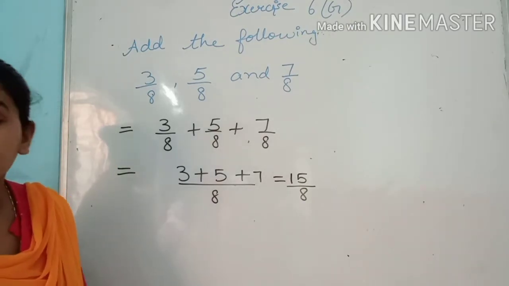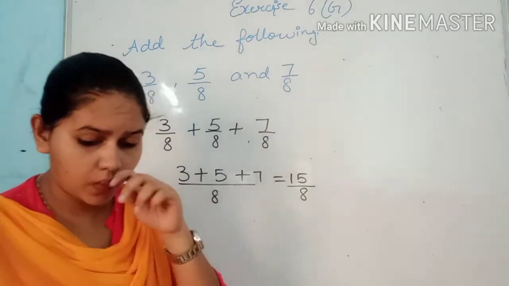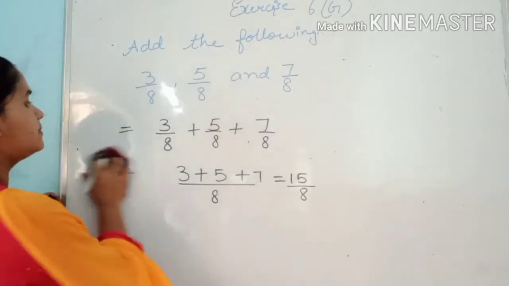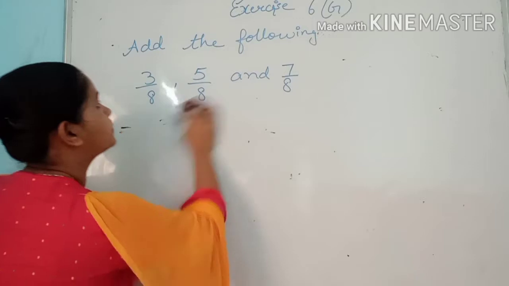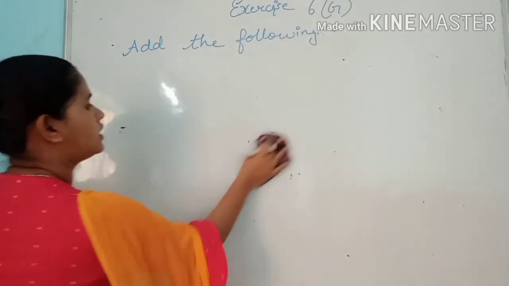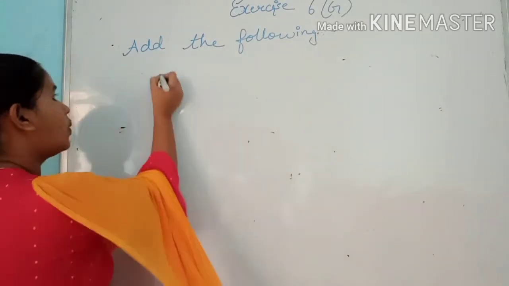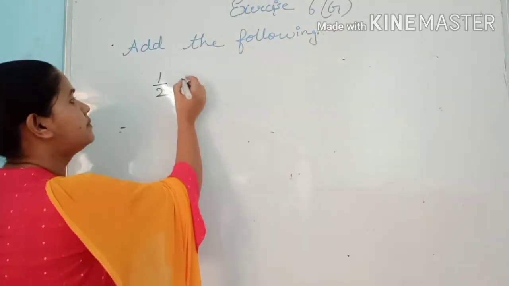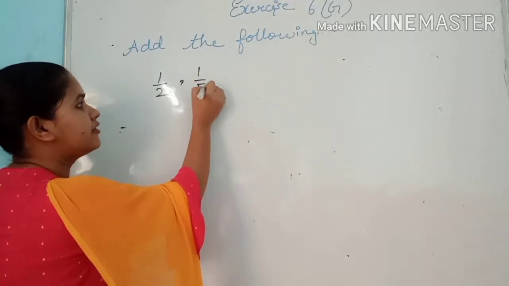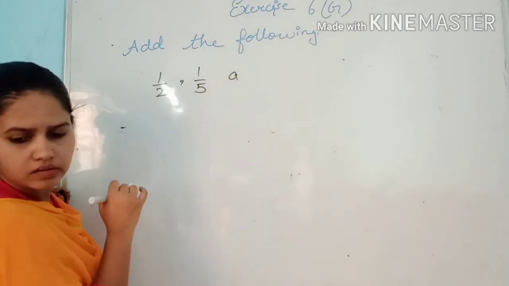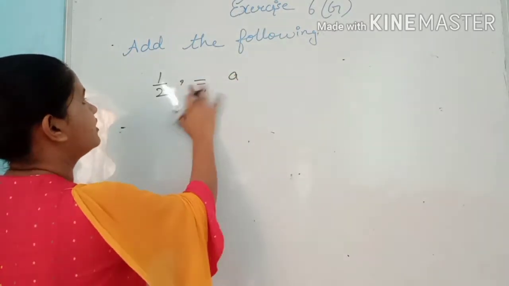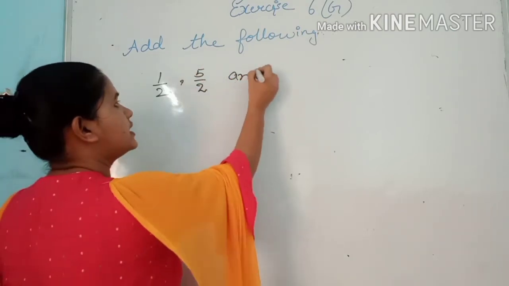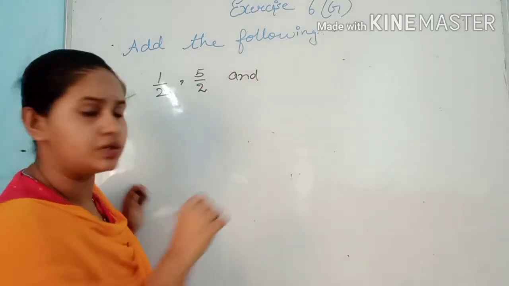Let's do the other one, which is 1 by 2, 5 by 2 and 9 by 2. Let's do this one. 1 by 2, and this one is 5 and this one is 2. Sorry, mistake again. And the last one is 9 by 2.